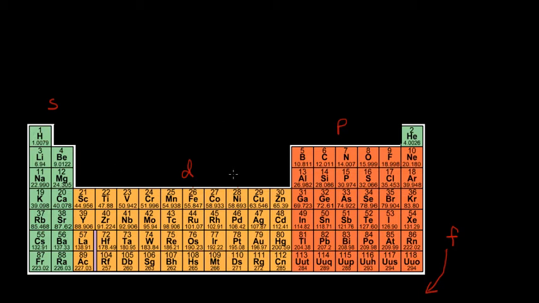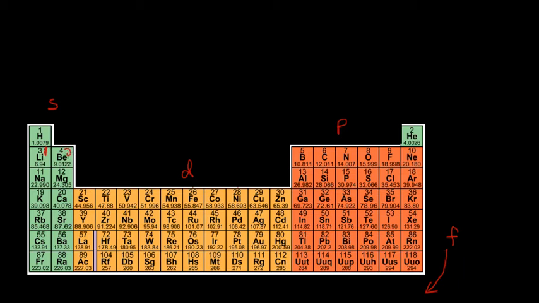And taking a closer look, remember that s can have 2 electrons in it. Each of those are represented by the 2 columns. So if it's an s1, it's something in the first column. So this column represents the first electron.